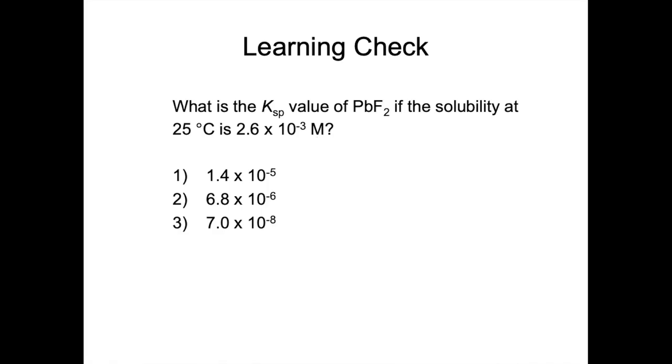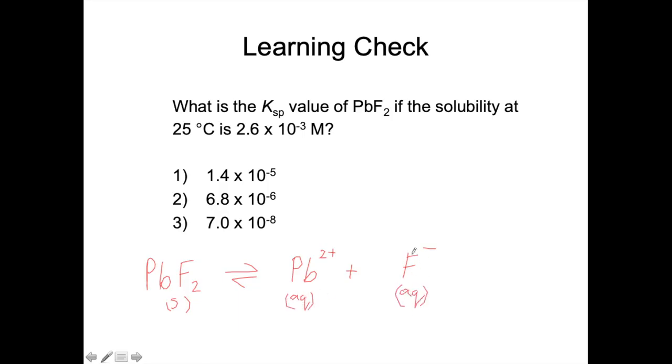Again, my recommendation is you first write out an equilibrium for our lead 2 fluoride. Okay, so I will point out that PbF2, and that's a solid, by the way, is in equilibrium with its lead 2 plus ions and its fluoride ions. Okay, and that's aqueous, and that's aqueous.